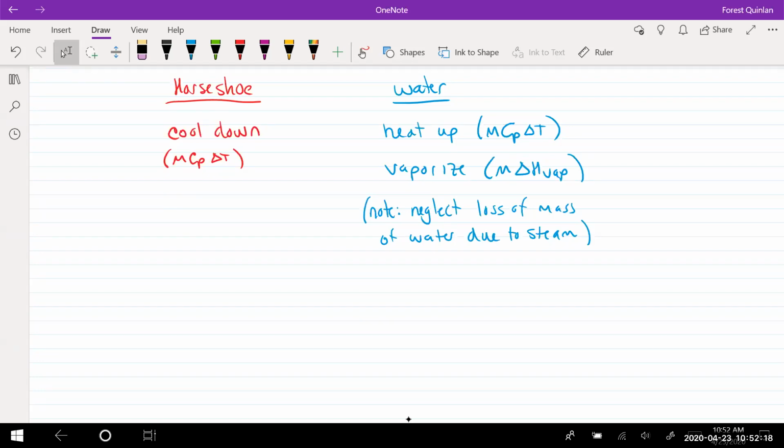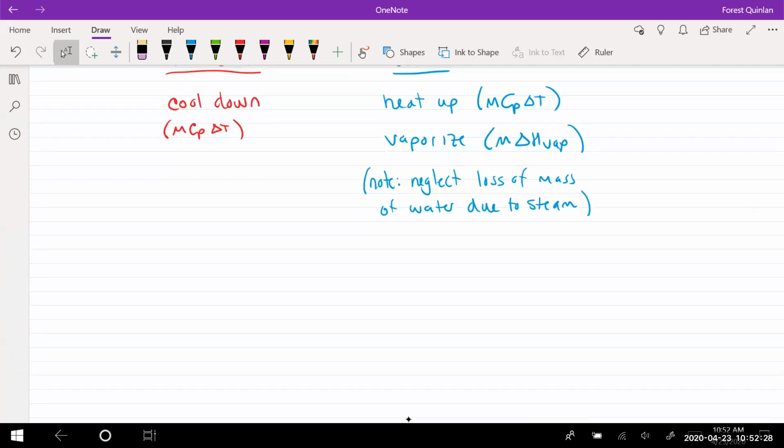What information do you want, Ben? CP for the horseshoe, delta H for the water vapor, and CP for liquid water. Okay, so I'm going to assume that my horseshoe is made out of iron. So the heat capacity of iron is 0.46 joules per gram degree Celsius.